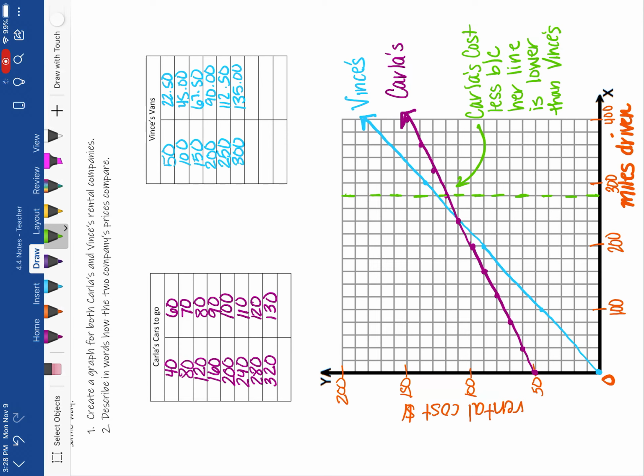Okay, and if we talk about the comparison, I'm going to go back up and answer this question right here, number 2. If we describe in words how the company's prices compare, if we look, who is cheaper in the beginning? Which line is lower in the beginning? It's the blue line. So Vince's starts out cheaper.